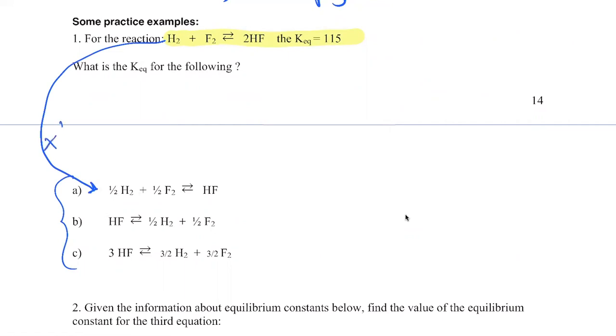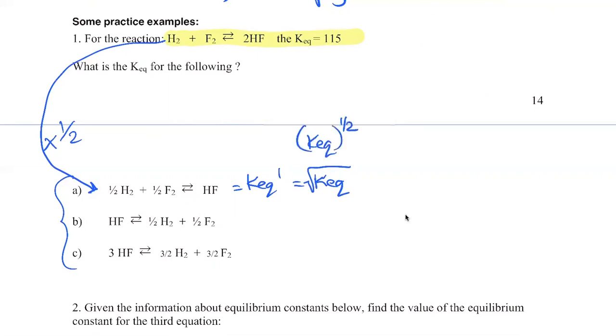So we did times a half, or you can say divided by 2. Okay, which means that the KEQ, I'm using the little asterisk to show that that's for this new reaction, is going to be equal to the KEQ of the original, but it's going to be square rooted, or you can think about it as KEQ to the power of a half.